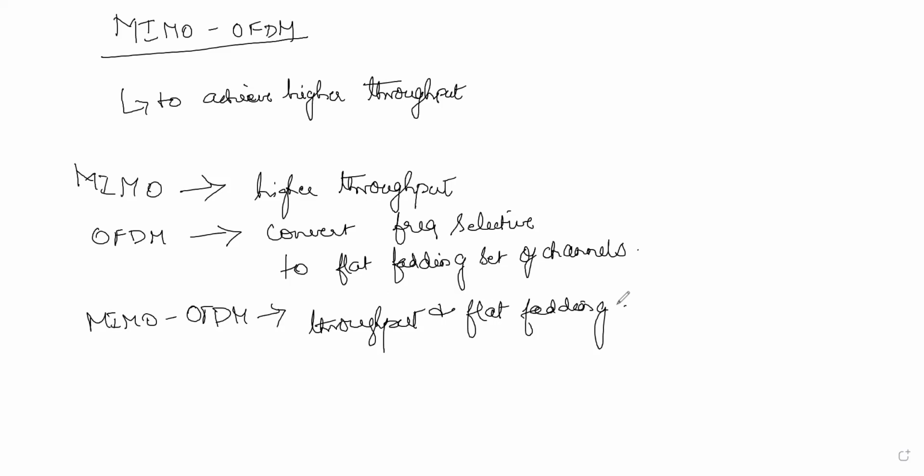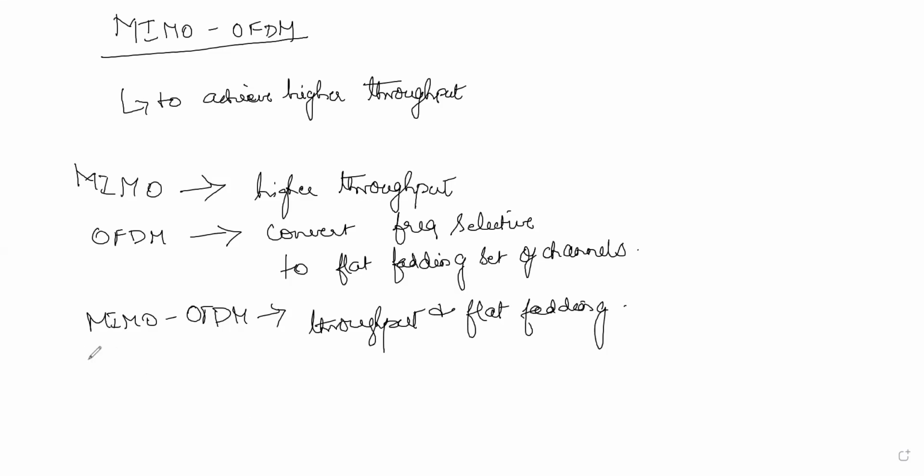MIMO OFDM is just a combination of MIMO technology with OFDM technology. It will convert a frequency selective MIMO channel into multiple parallel flat fading MIMO channels.